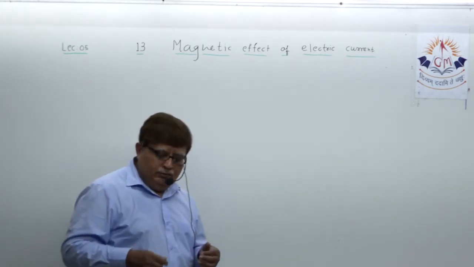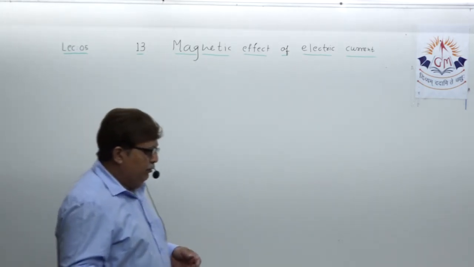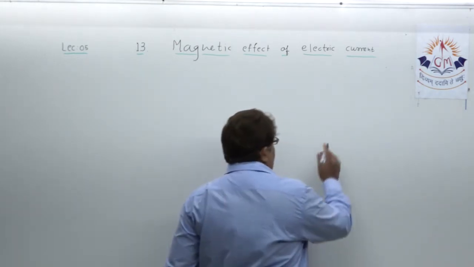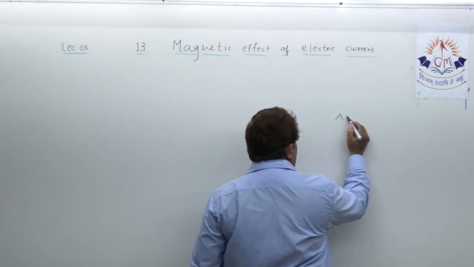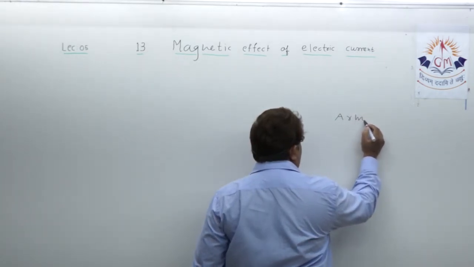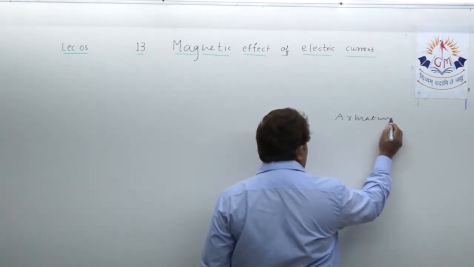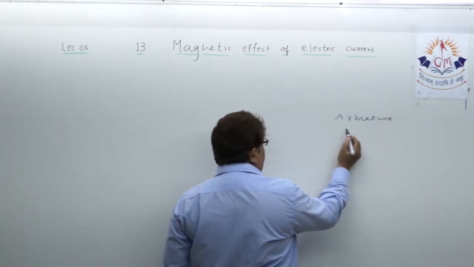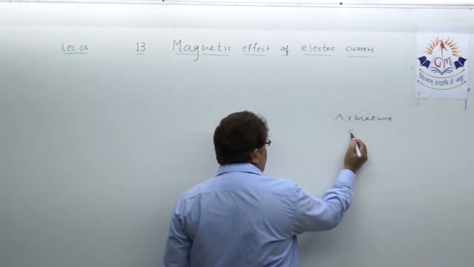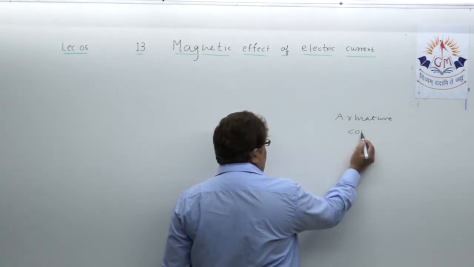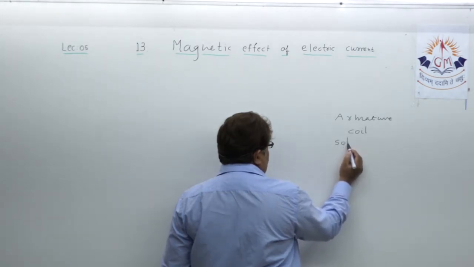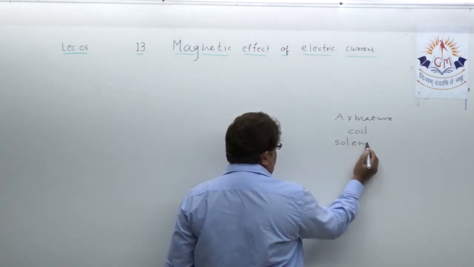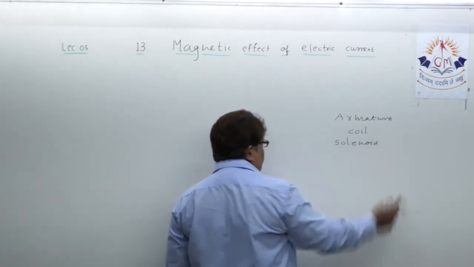Armature, you all know, I have also explained to you regarding armature in some of our previous lectures. I have given you an idea about armature, or it can be called coil, or dear student, you can also call it solenoid, if you can remember.